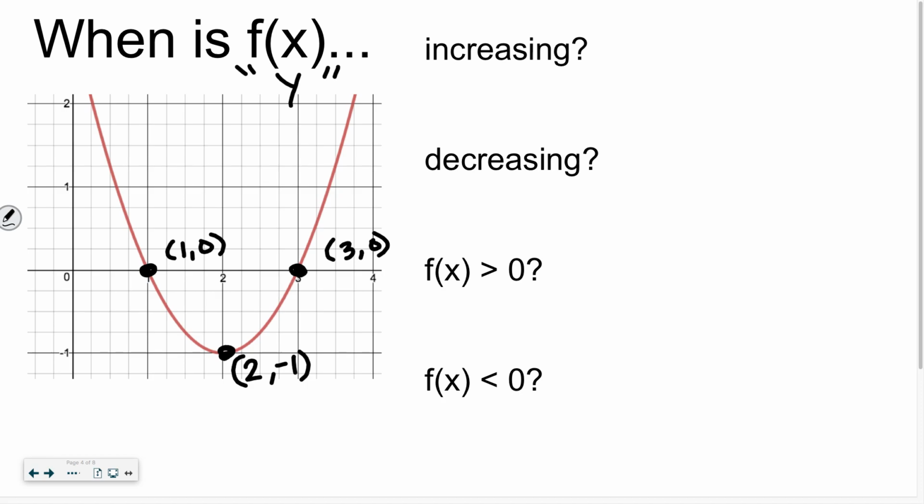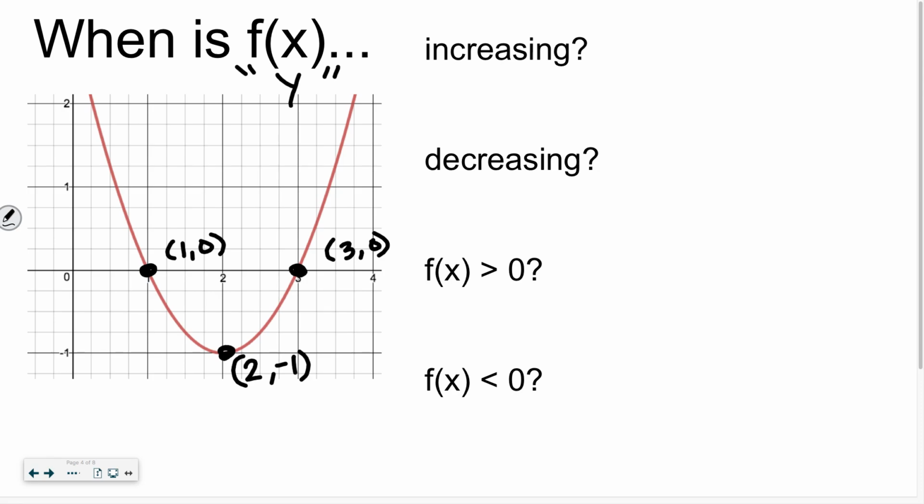So when is the graph increasing? We've already answered this question back in chapter 2, right? Okay. So you've got to imagine you're starting on the left side of your graph and you're moving to the right when you're naming increasing or decreasing. When you start on the left side, what are you doing? Decreasing. And you decrease until where? The vertex, this low point.